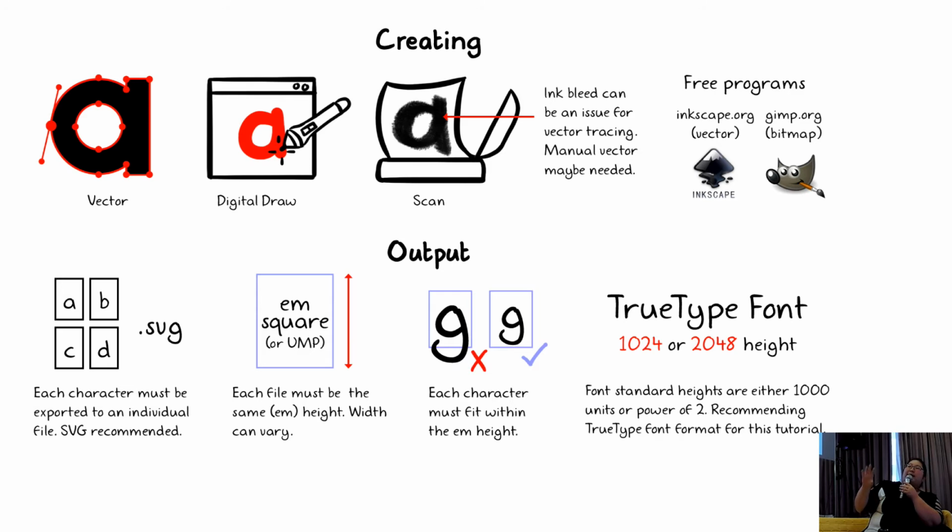And then when you're setting it up, you should make sure that it fits within 1024 or 2048, because that is the standard for fonts. And actually font programs are quite strict with that, so if you keep within that ratio, it's a lot easier when you start importing it into FontForge. If you don't have Adobe or anything like that, there are some fantastic free programs you can use, which are Inkscape and GIMP.